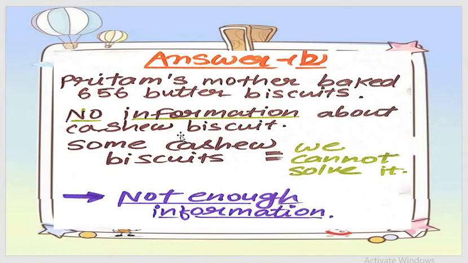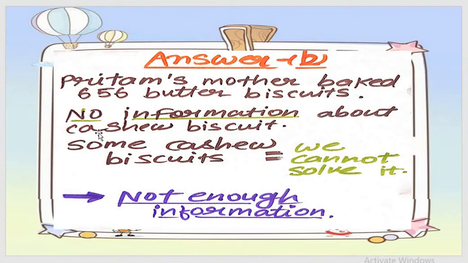So first of all we write the details. Pritam's mother baked 656 butter biscuits. Then, no information about the cashew biscuits.